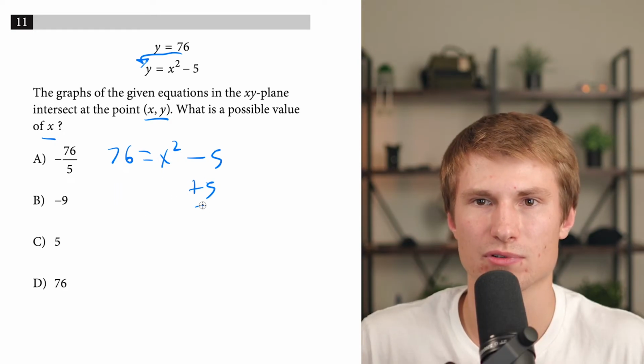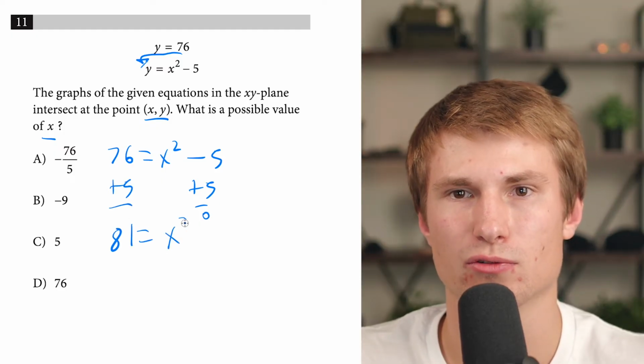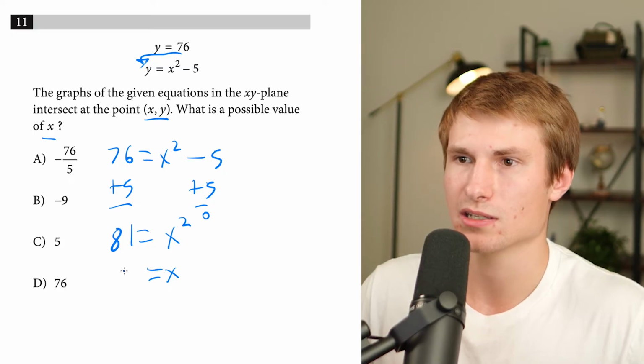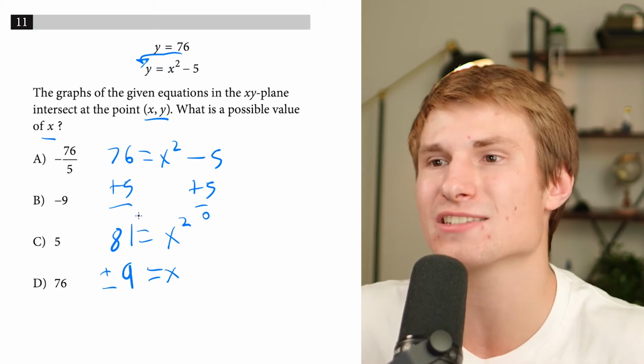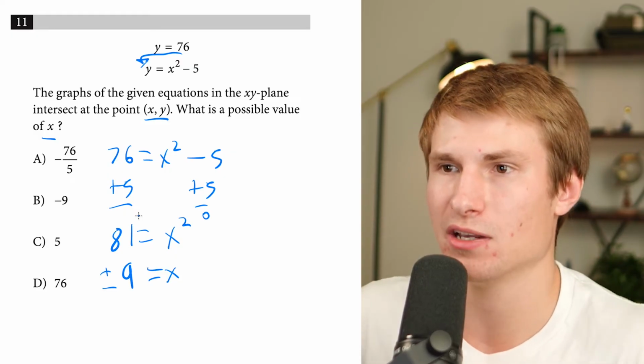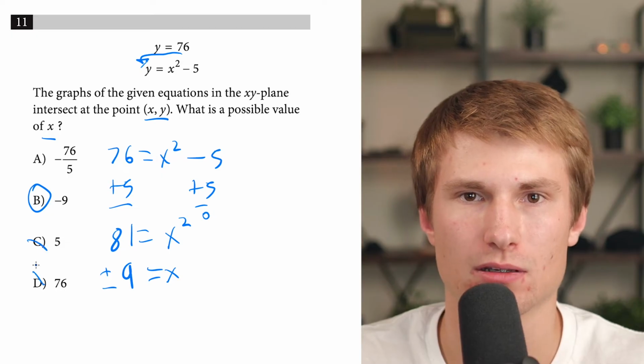That's going to give us 81 is equal to x squared. We take the square root of both sides. That's going to give us x is equal to plus or minus 9. And the reason it's plus or minus 9 is because it's x squared, right? 9 squared is 81, and so is negative 9 squared. So therefore, the answer here would be answer choice B.